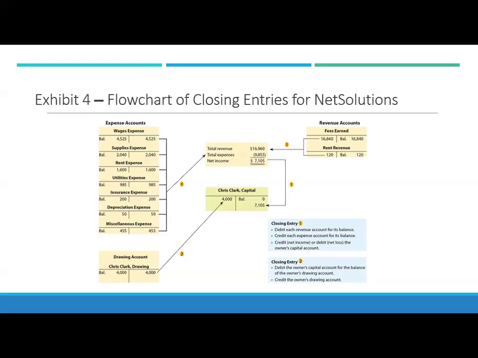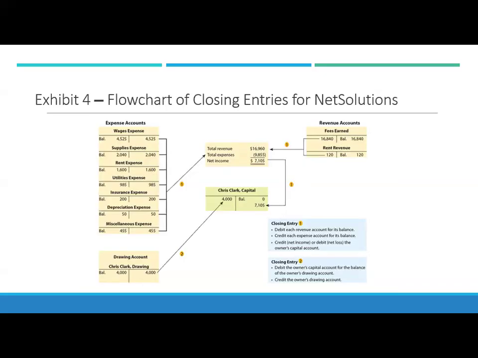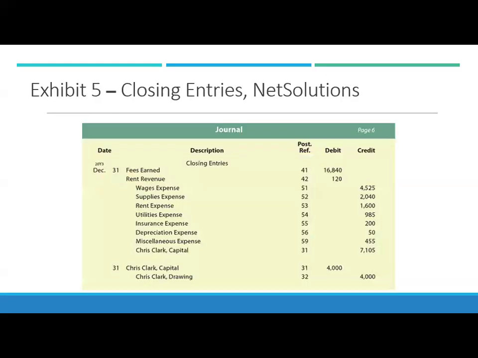What that ends up doing is creating a huge journal entry where we're debiting all of our revenue accounts and crediting all of our expense accounts to reduce the net balance at the end of the period to zero so that it's ready for the next period. And then what this also does is we credit Chris Clark Capital for the amount of net income that they had during the period, and then debit it for the amount of drawings that happened.